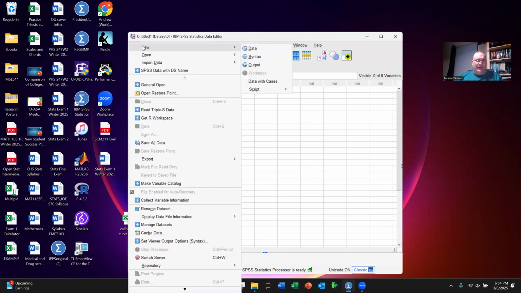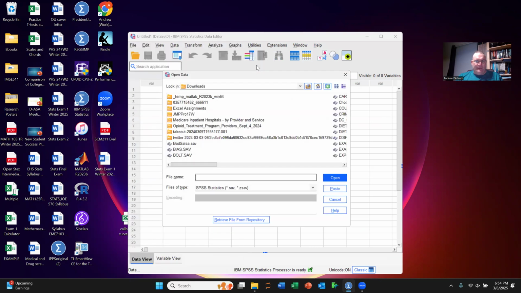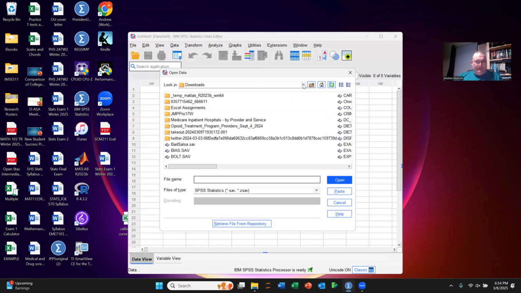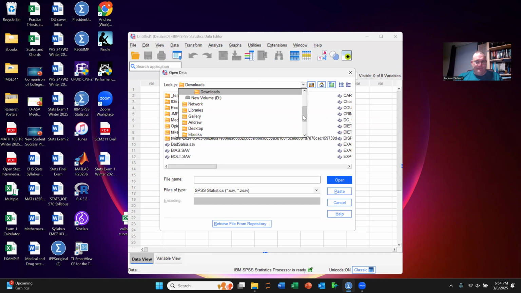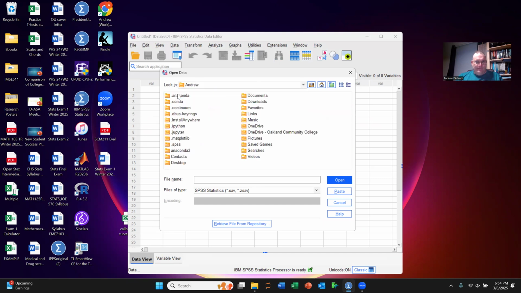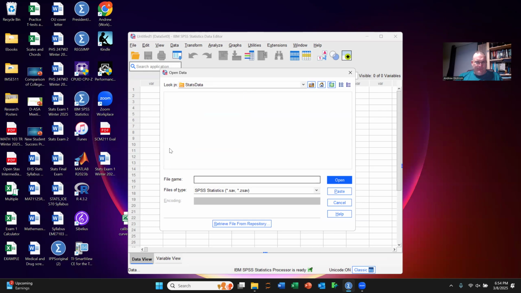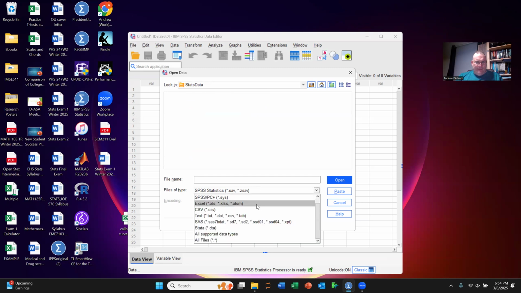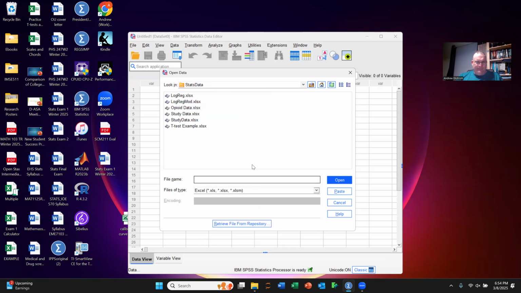So I'm going to go to File, Open, and then Data. And just trying to think of where I actually saved these. So I believe it's Documents and Stats Data. And I need to change these to Excel.